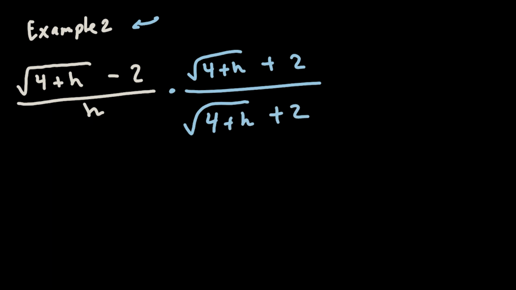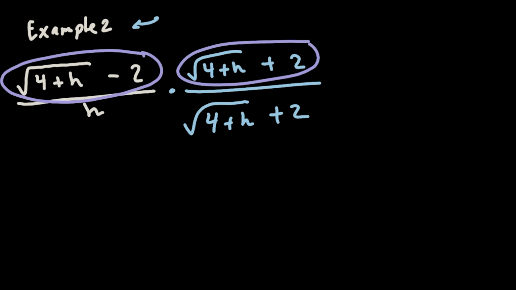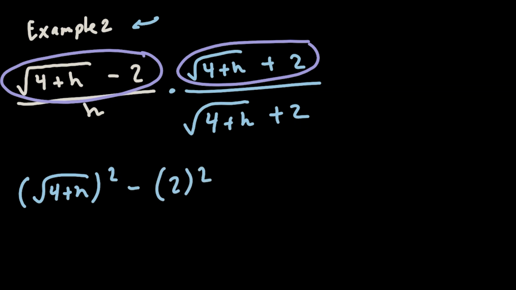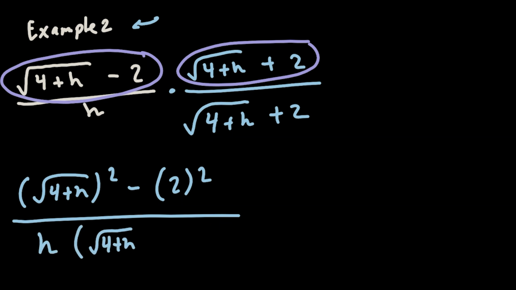As you can notice here, this is the difference of two squares, so we can rewrite it as the first one, which is the root of 4 plus h squared, minus the second one squared, over, here we have h multiplied by the square root of 4 plus h plus 2. So we can simplify this.